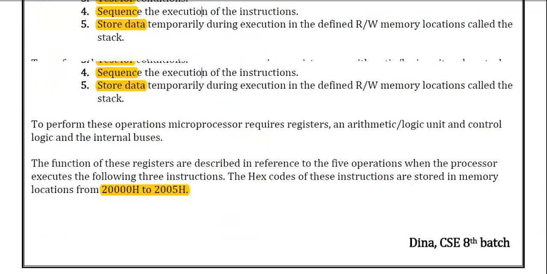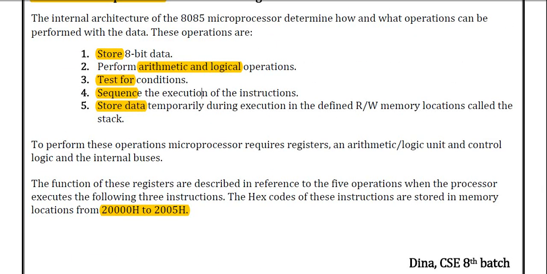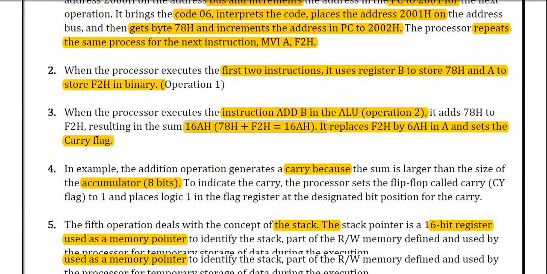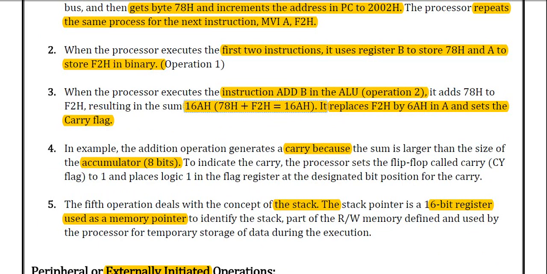So what was operation number 2? Operation number 2 was the arithmetical and logical operation. So first we have the sequencing section, then we store some data, then we have the arithmetical and logical operation. Now we are on the fourth section. In number 4, in this example, the addition operation generates a carry because the sum is larger.